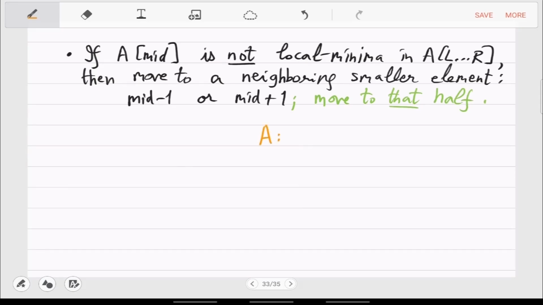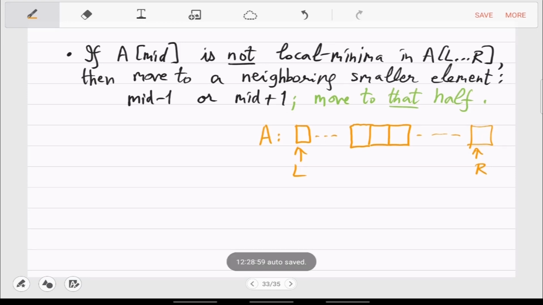So in a picture you can see it like this. These are the endpoints of the array that you are at. While the binary search recurses or iterates, you will be in some part of the array, a subarray from l to r, and the midpoint will be located here.